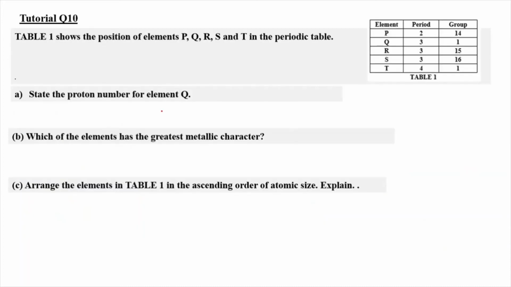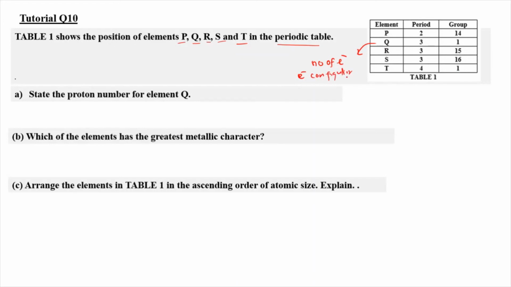Now for tutorial question 10, Table 1 shows the position of elements P, Q, R, S, and T in the periodic table. We need to state the proton number for element Q here. In order to state the proton number, we need to know the number of electrons. The number of electrons can be obtained when we write out the electronic configuration.